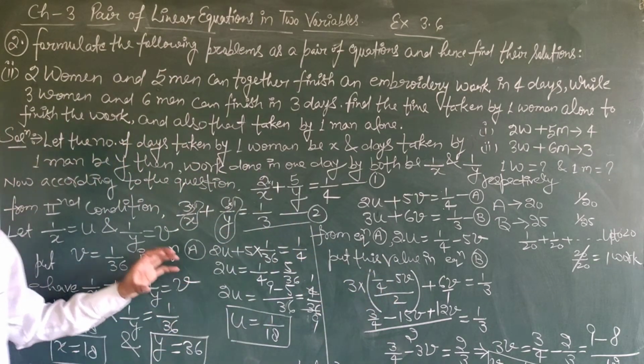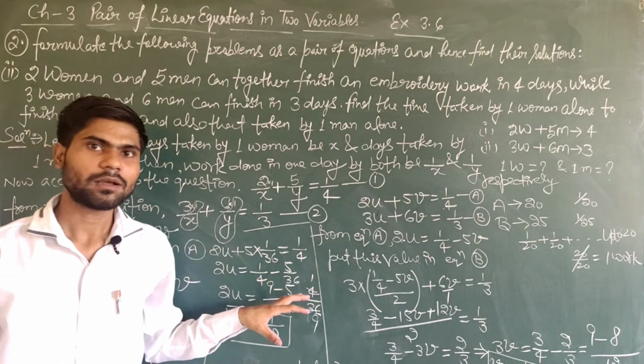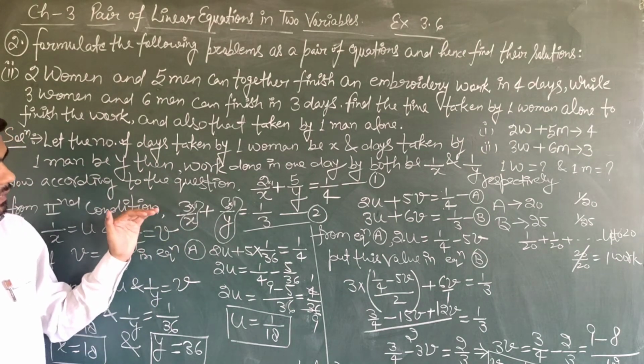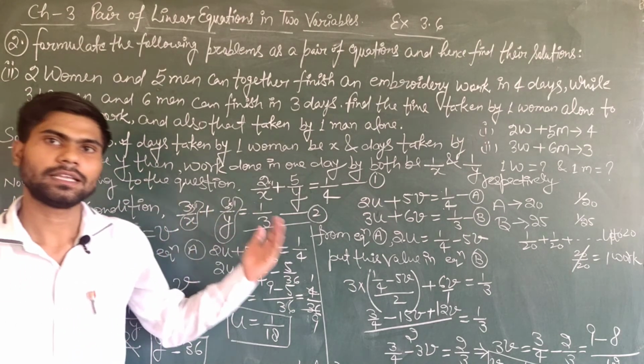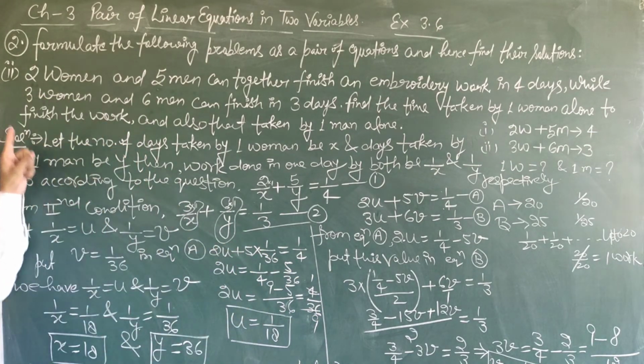Okay students, this was your question. I know this is a very lengthy question, but you can solve it by reducing two non-linear equations into linear equations. Now we study part number 3 of question number 1.